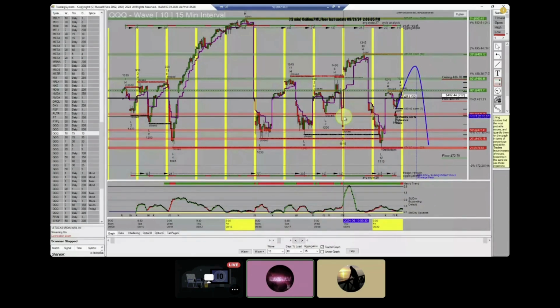In the future, it can help you with the reversal. Like right here, it was flattening, and we saw a consolidation right here. So with multiple moves, the standard deviation can be pretty helpful.